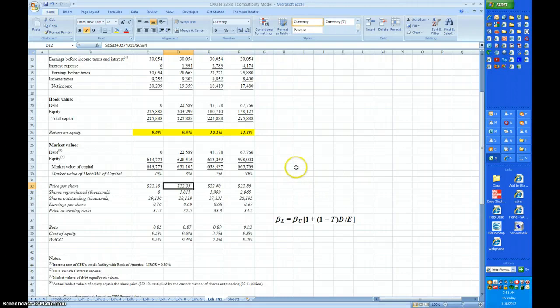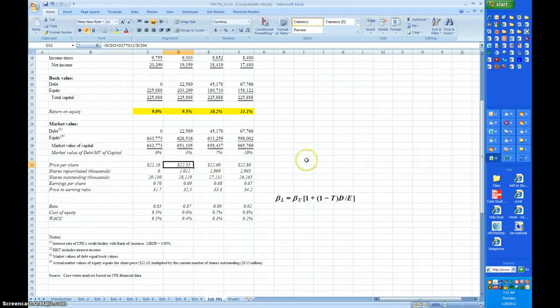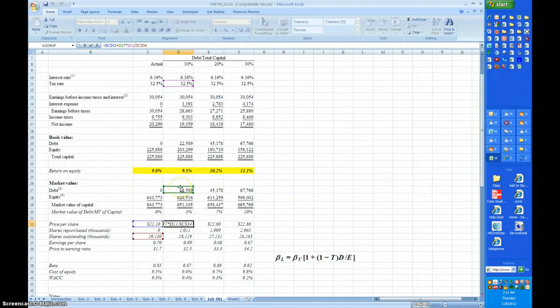Well, once again, the value of the tax shield remains with the shareholders. So the expression for that is the existing stock price will be improved by the debt. I'm showing you this: the amount of debt raised times the tax rate, and they divide it by this C34, which is the number of shares outstanding, because it's on a per share basis.